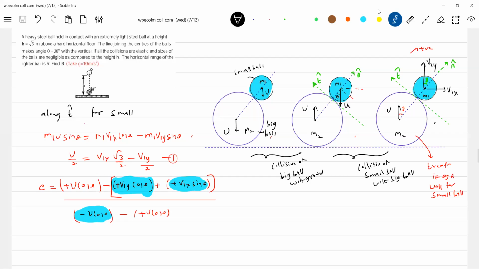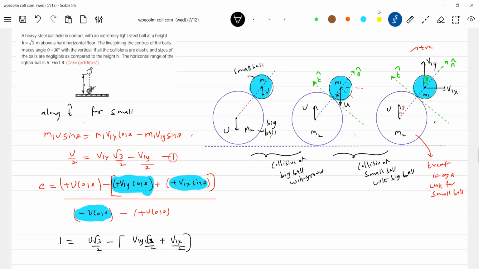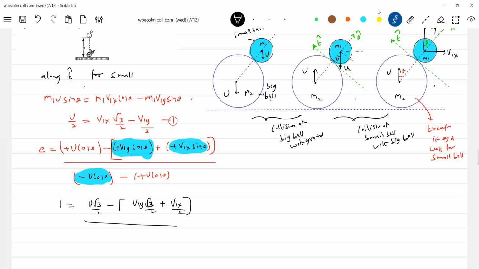How many unknowns are there? v1x and v1y. If we can get that, I think the problem is solved. This will be u by root 3 by 2, v1y root 3 by 2 plus v1x by 2 is equal to minus u root 3 by 2.